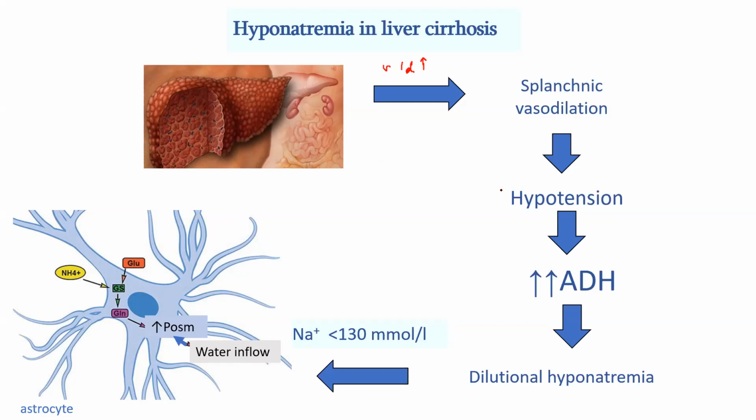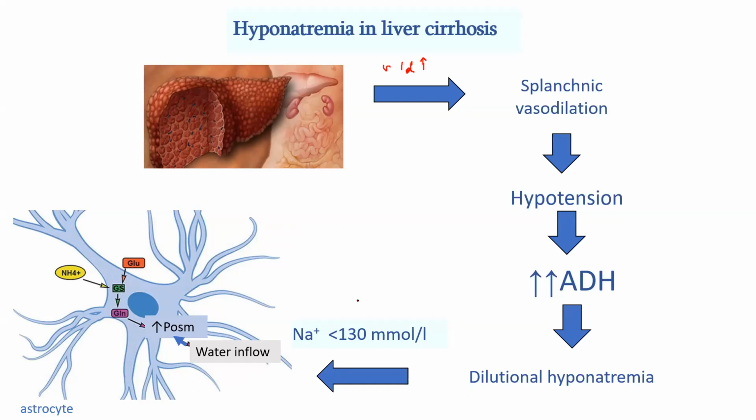It leads to decreased blood pressure, and to compensate low blood pressure, antidiuretic hormone is produced. It causes vasoconstriction as much as possible to keep pressure, but also it reabsorbs water and it leads to dilutional hyponatremia.